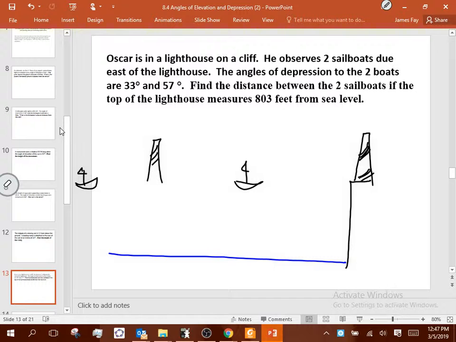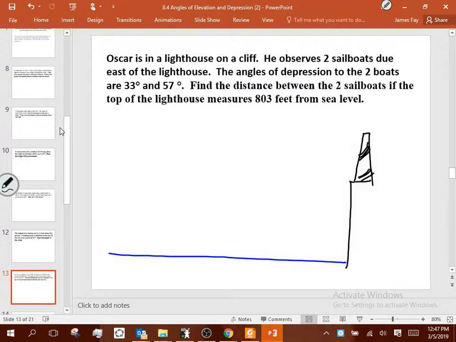That's important for our operations in a little bit when we're done with this problem, because if the lighthouse was between the two boats, we'd do something completely different. So this is just trying to get you to realize that the boats are on the same side of the lighthouse. It doesn't matter if it said east or west or left or right. They're both on the same side of the lighthouse.